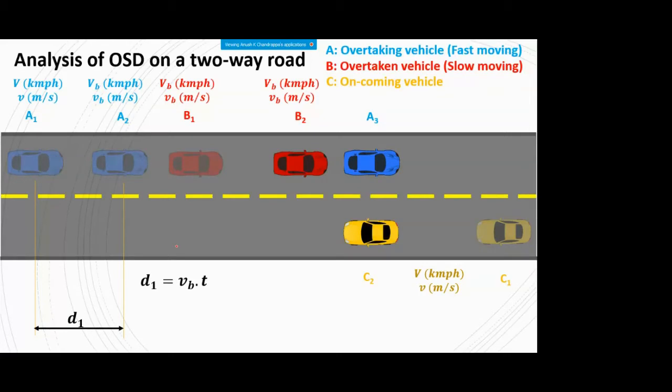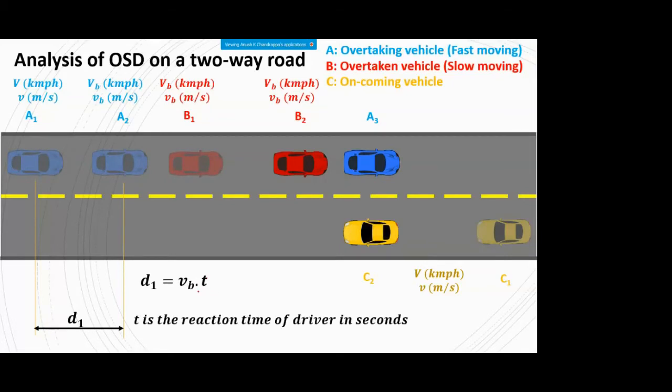It is a very simple formula, as I told you, in overtaking distances we don't use any complex calculations. The simple formulas of speed, distance and motion we are going to use. So D1 is equal to VB into T. This is the very basic formula, distance is equal to speed into time.